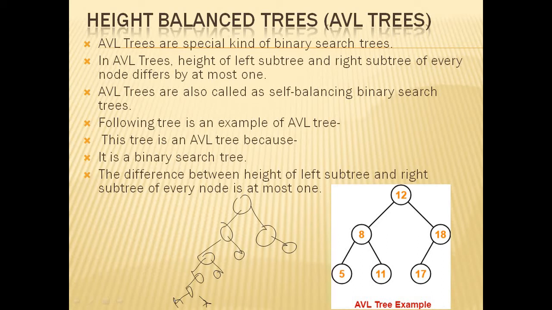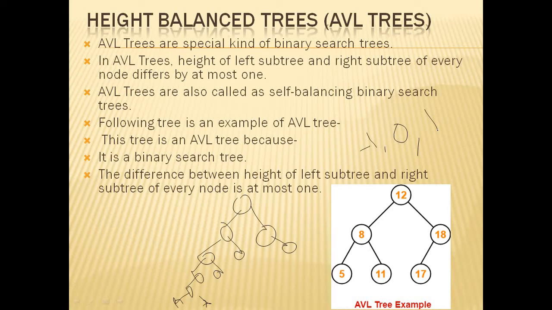Here we have a balancing factor, and that balancing factor is calculated for every node. Once you calculate the balancing factor for a particular node, the value should be either -1 or 0 or 1. If it is not like that, then we need to balance the tree.